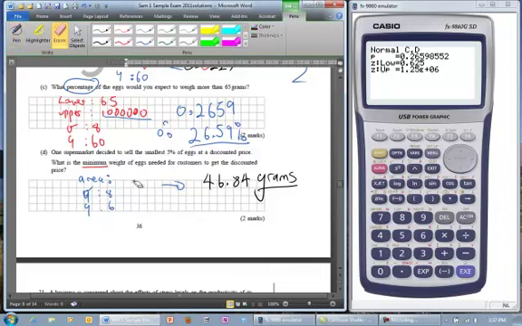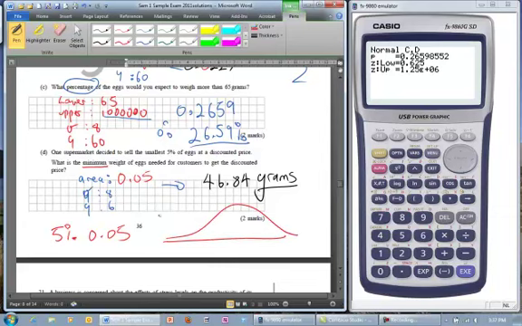You've got to go to a different part of the calculator, because this is the inverse norm. The area is 5%, which has a decimal of 0.05. Remember that with your hill-shaped graph, you're coming from this end, so if you're looking at 5%, that's coming out to there. So your area is 0.05, your standard deviation is still 8, and 60 is your mean.